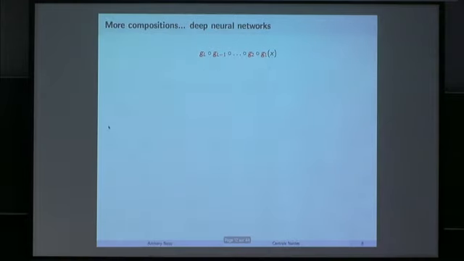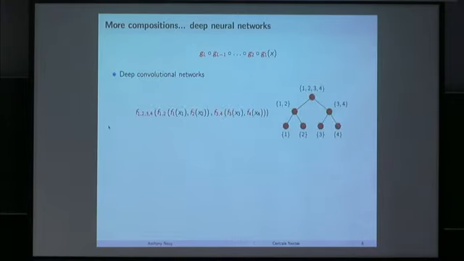Well, and if you go further, if you use more compositions of functions, you arrive in the world of what we call deep neural networks, where if you use some sparsity in the j1, j2, as I previously introduced, you obtain particular cases of famous networks called deep convolutional networks, which are models like this, where you have a function of x1, a function of x2, and then a function f1 of x1 and f2 of x2, and you repeat this hierarchically like this.